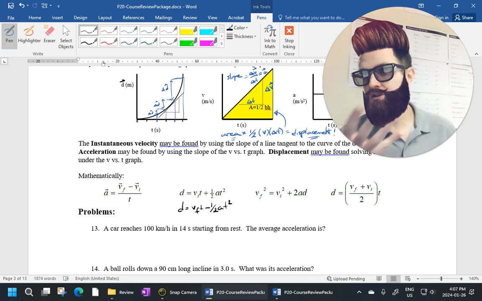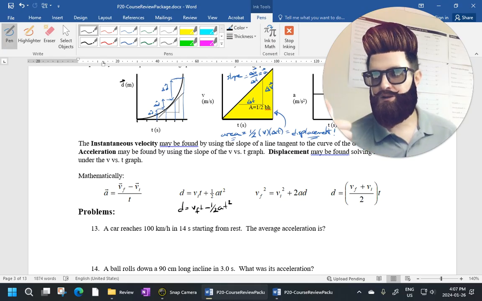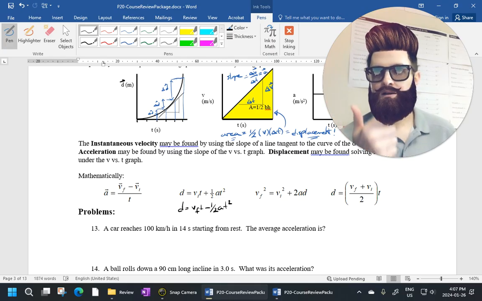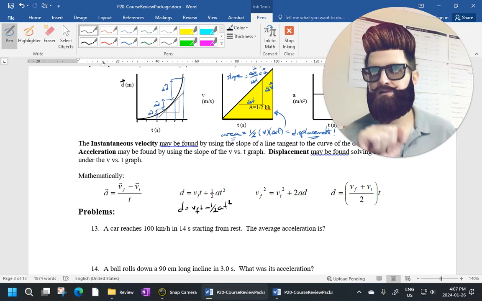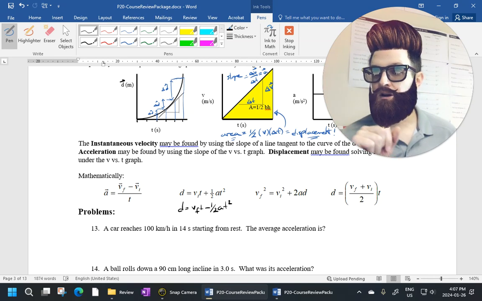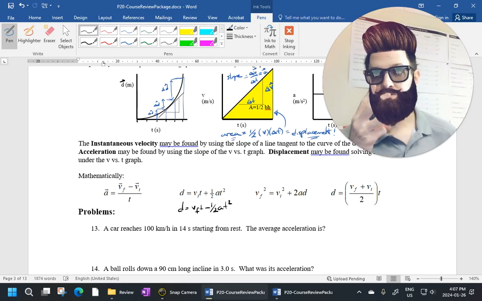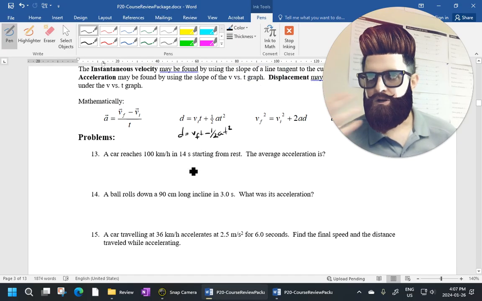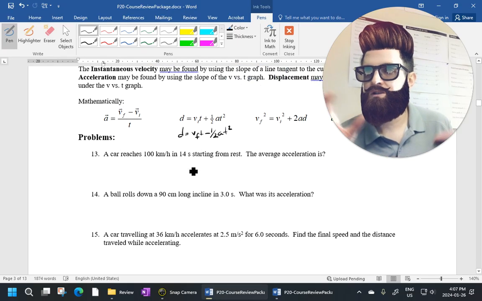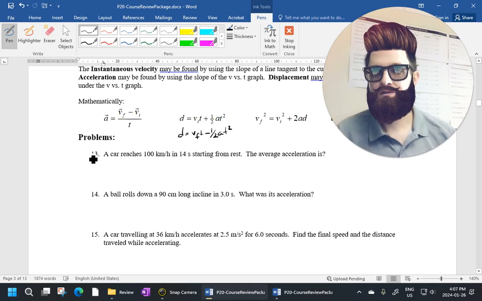We have 5 unknown things in most questions, right? We have acceleration, time, displacement, VI, and VF. So we have these 5 variables that we deal with. And all you really need is 3 of them to find a 4th one. You can just always ignore the 5th one that you don't need to find. So when you're doing these questions, that's what we've got to figure out. Which of these 5 equations am I going to use?